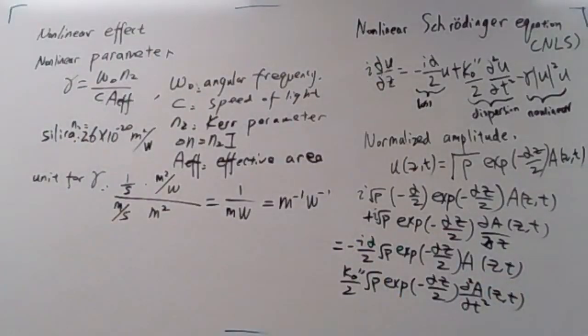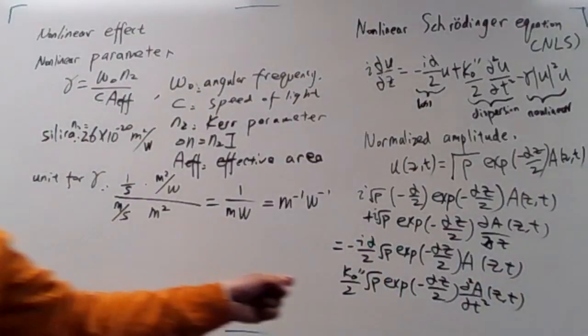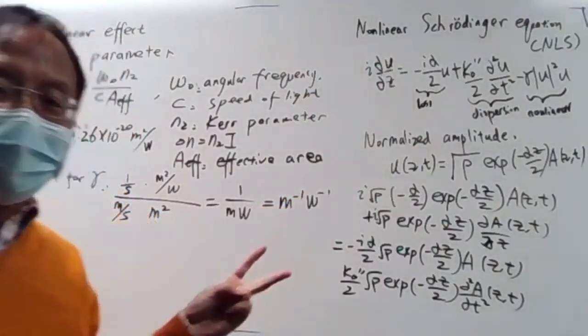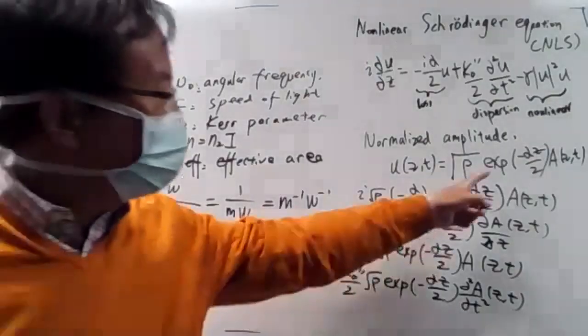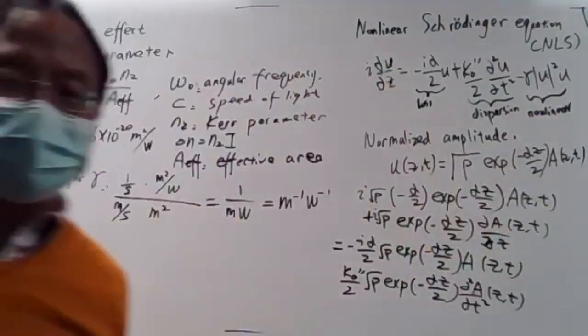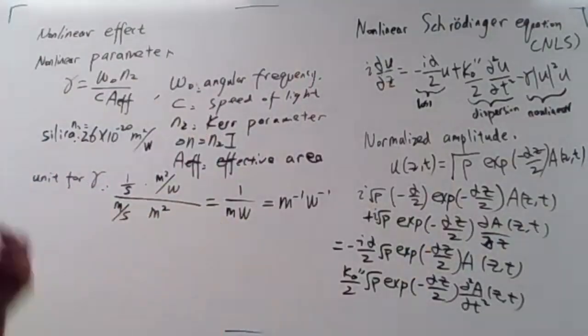In other words, we take a second derivative on UZT, but the only parameter containing t is the A, so we'll just take a derivative on this A twice.